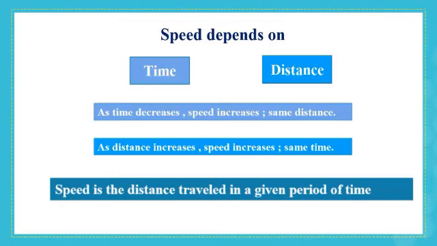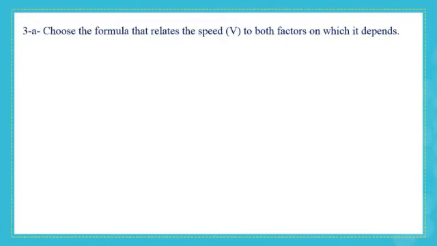By referring to the definition of speed and the 2 relationships between time and speed, between distance and speed, choose the formula that relates speed to time and distance, factors on which it depends.